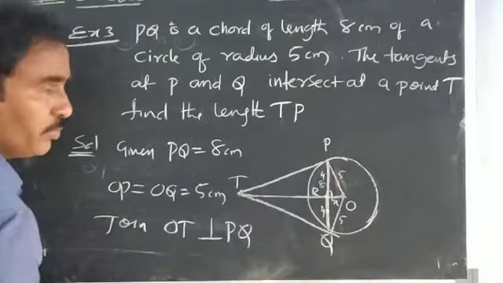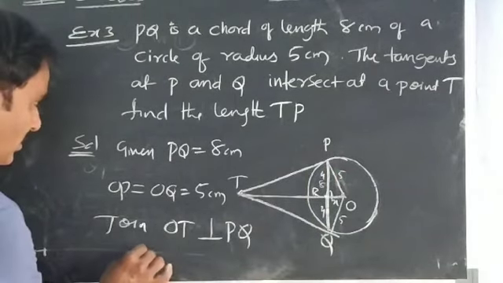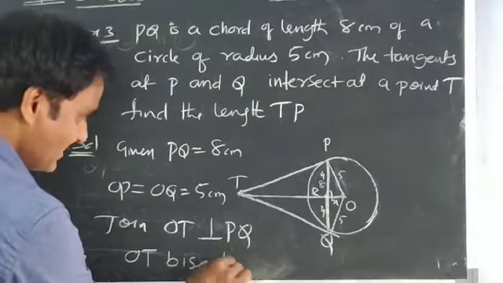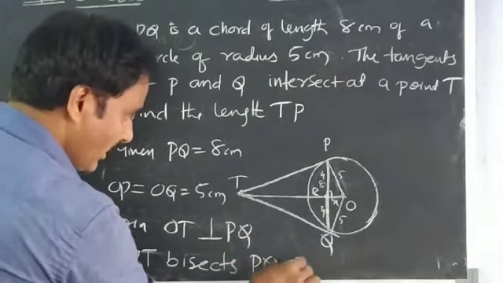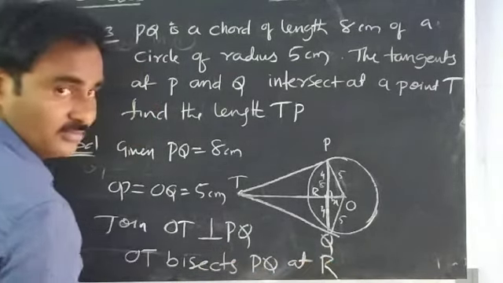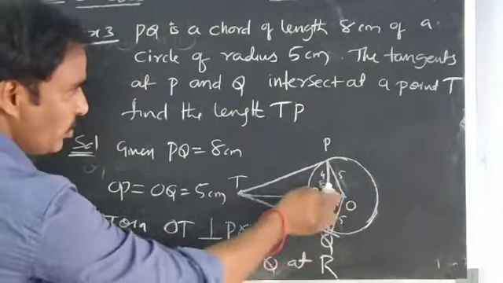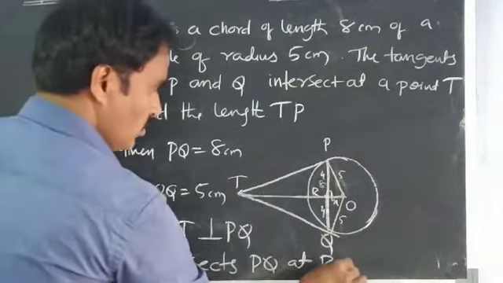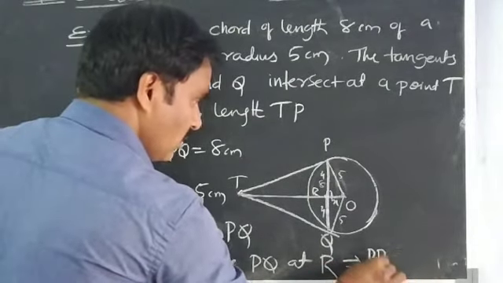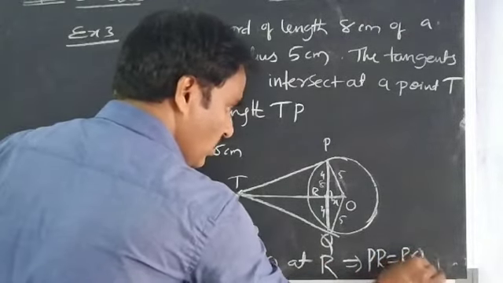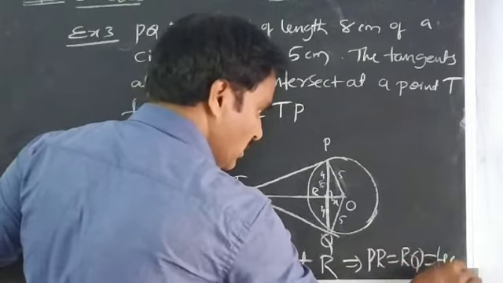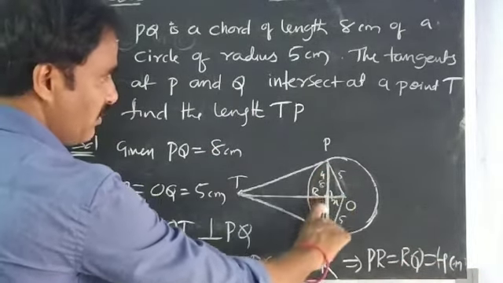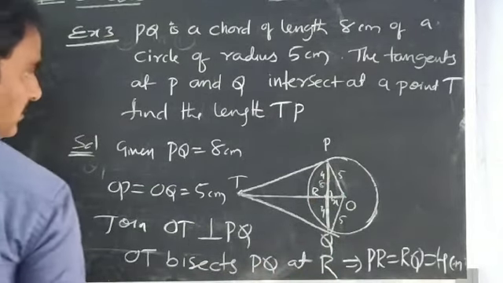So OT bisects PQ at R. Then PR, RQ will be, so that implies PR, RQ is equal to how many centimeters? 4 centimeters. It is bisecting, no? Total length 8, so it will be 4.